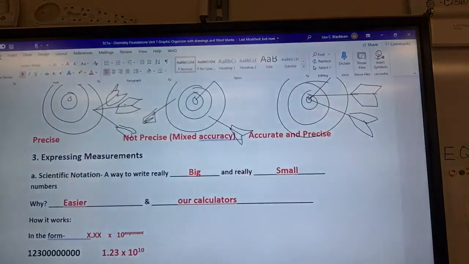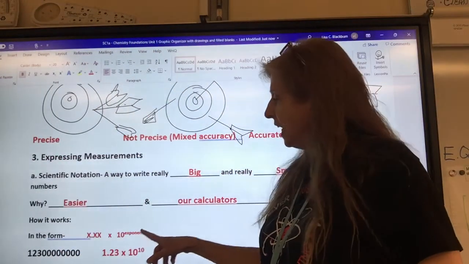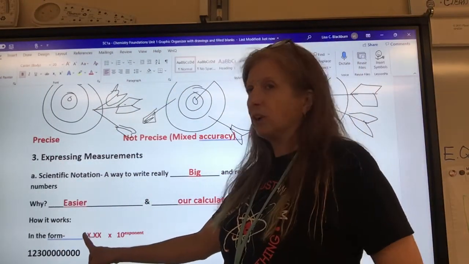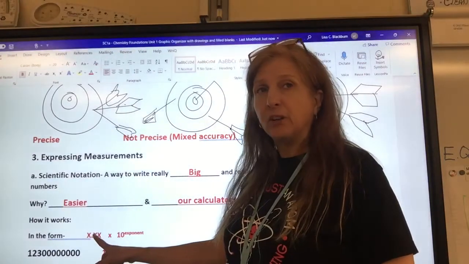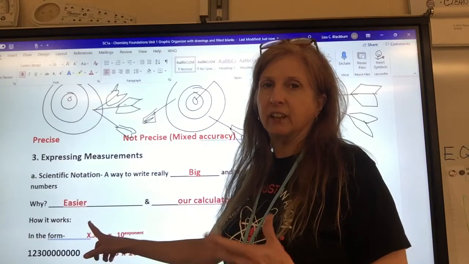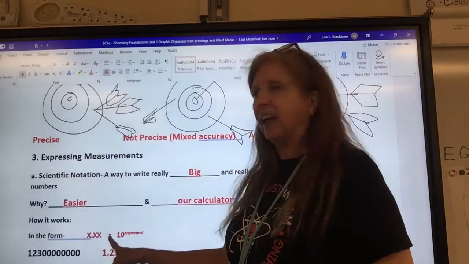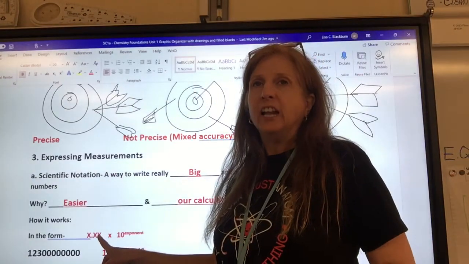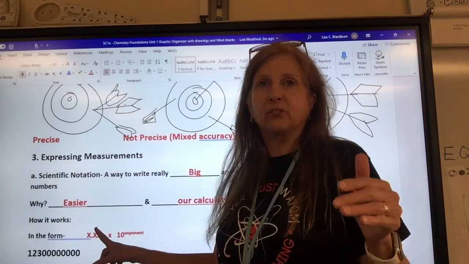Okay, so the format for scientific notation is you have your first number, a decimal, any other non-zero numbers that are significant, that'll make more sense later, times, and normally we don't use X for times anymore. Now that we're in upper math and science, we use a dot or parentheses, right?